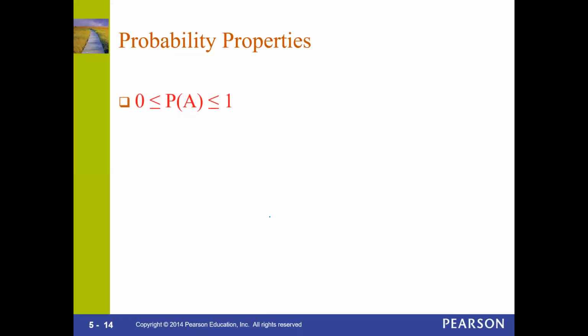Whenever we talk about probabilities, it's always a number between 0 and 1 inclusive. It cannot be more than 1, it cannot be less than 0. If the probability of an event B is equal to 0, it means that event is impossible. Give me one moment, please.